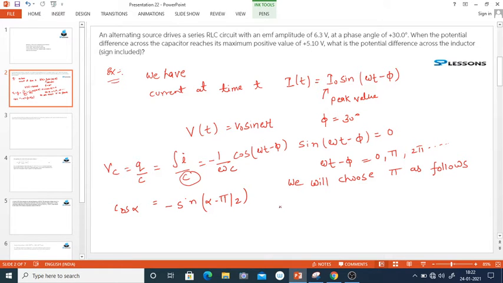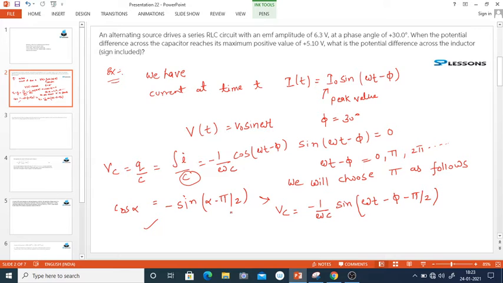So we can write Vc, which is equals to minus 1 upon omega c sine of omega t minus phi minus pi by 2. We use this equation, cos alpha is equals to minus sine of alpha minus pi by 2.